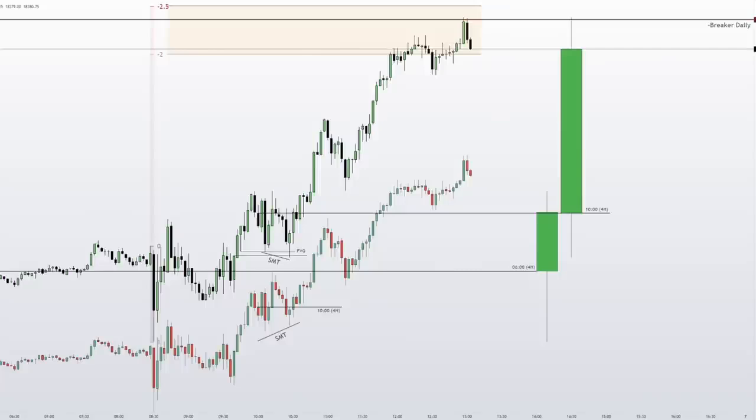When price prints this manipulation and this SMT is your confirmation for the week low printed, moving to the unfinished business. And when price moves above the time opening, in this case the 10 a.m. opening, it is another confirmation for the distribution phase.